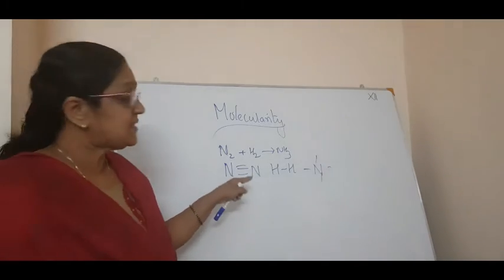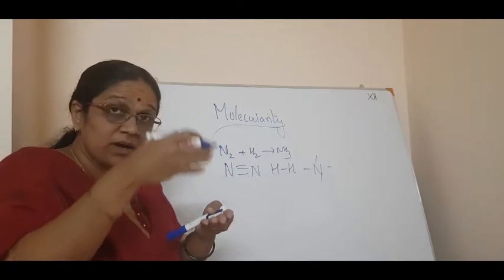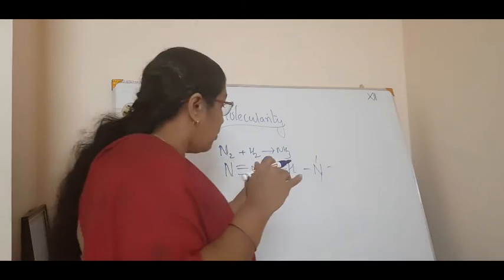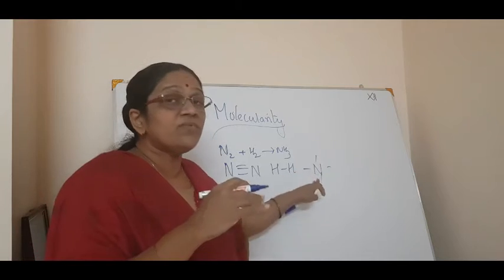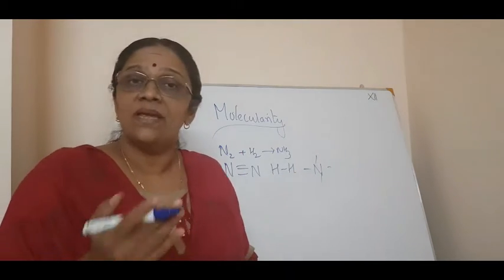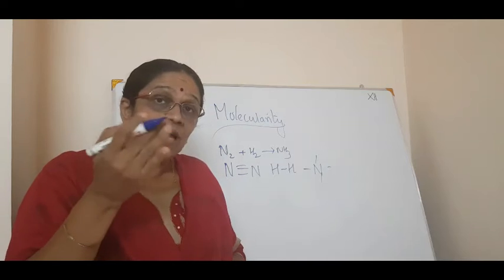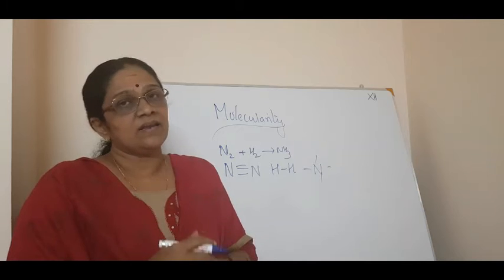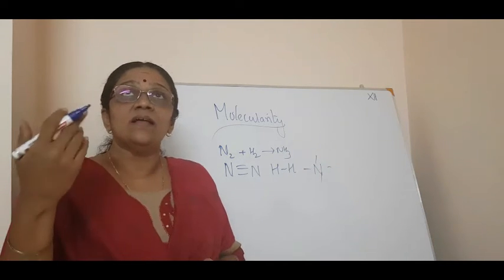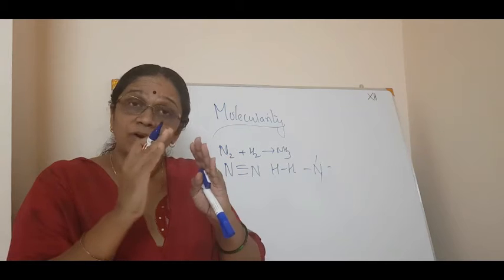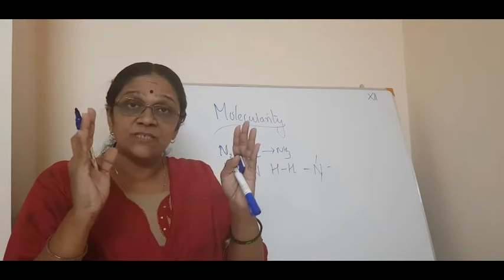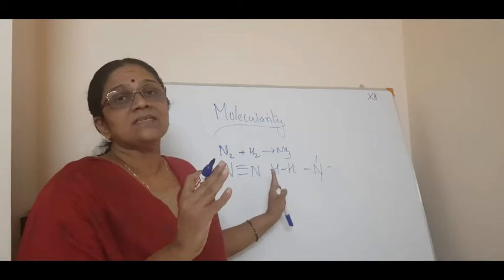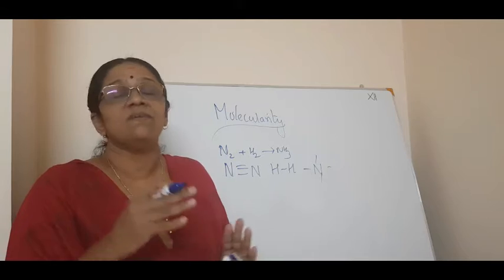So first the reactants have to get broken down into atoms. The breaking of old bonds and making of new bonds is what is called a reaction. For that to happen, there must be collisions between the reactants. Moreover, we will study in later chapters that the collision must have a proper orientation; only with proper orientation can the reactants be converted into product. We will see that later.